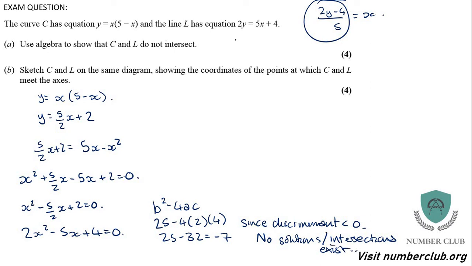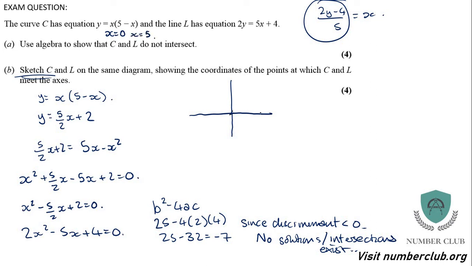Okay, not too bad. Now, sketch C and L on the same diagram showing the coordinates of the points. Sketch is not the same as draw, which is what we've been doing previously, but this is still important for us to be able to do. The curve has solutions x equals 0 and x equals 5.